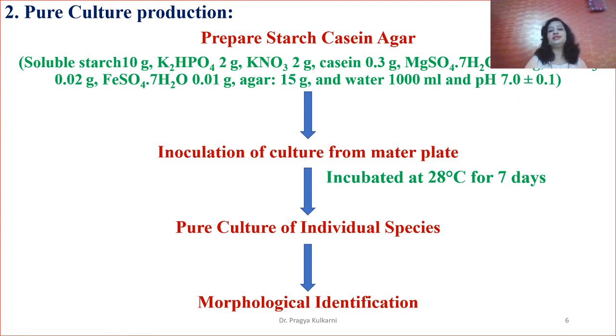Prepare this starch casein agar and inoculate the cultures from the master plate to it by streaking, and incubate the plates at 28 degrees centigrade for 7 days. The pure cultures obtained after 7 days are of individual species, and they are subjected to morphological identification. They are now observed for morphological observation.